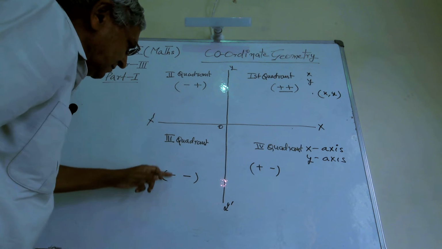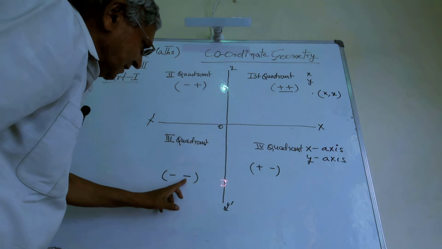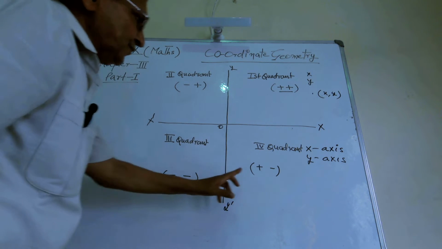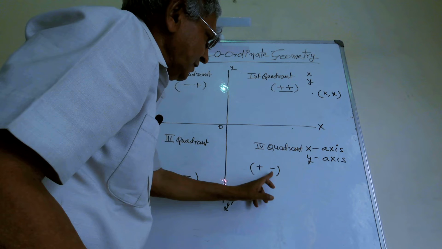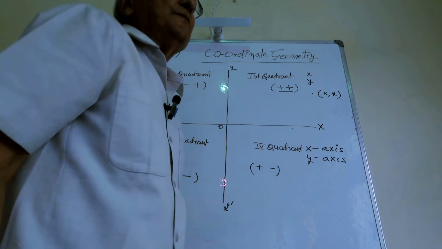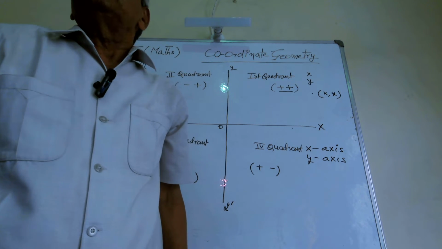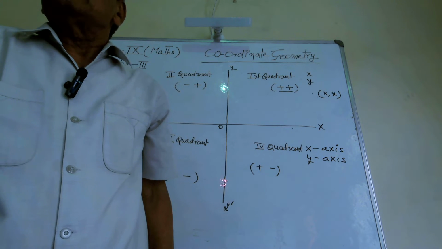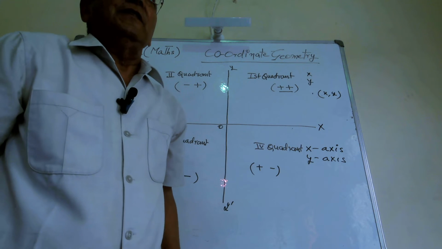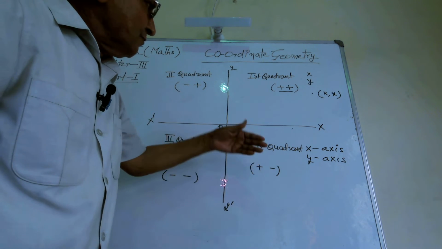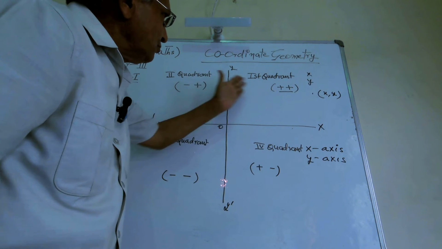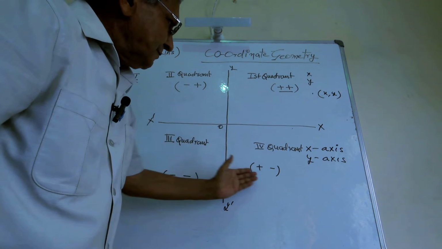In the third quadrant, x is negative as well as y is negative. In the fourth quadrant, x is positive and y is negative. This is the position of x and y in the four quadrants. Now x and y move in this plane according to these signs.